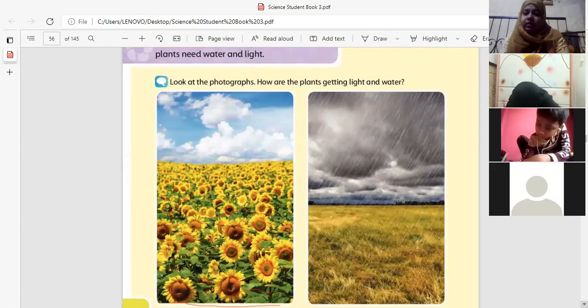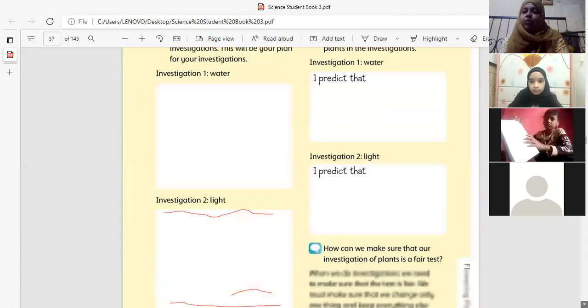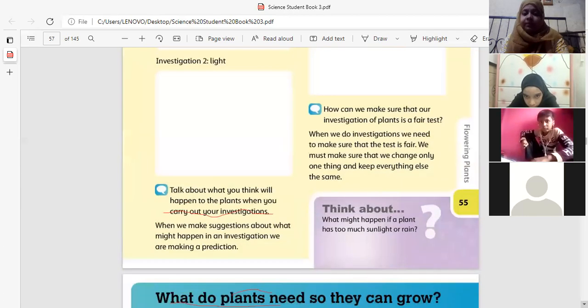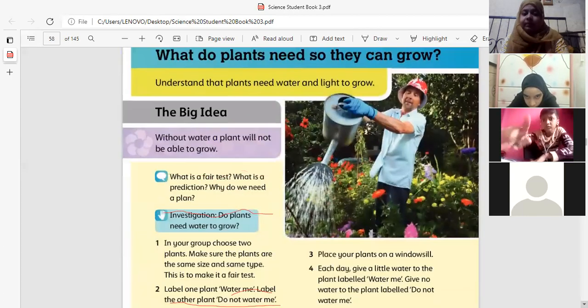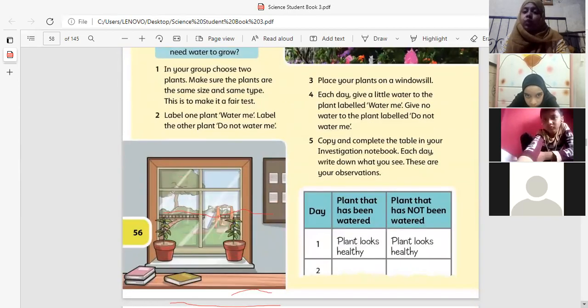Plants get light and water. How do they get light and water? Light from the sun and water from rain. Light and water are important. Can plants survive without light and water, beta? No, ma'am.